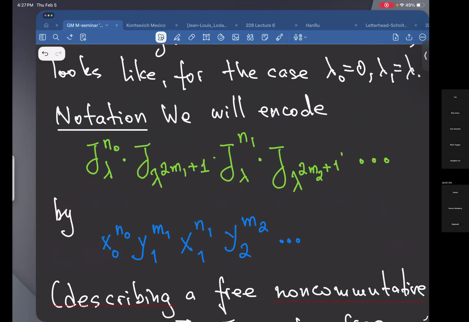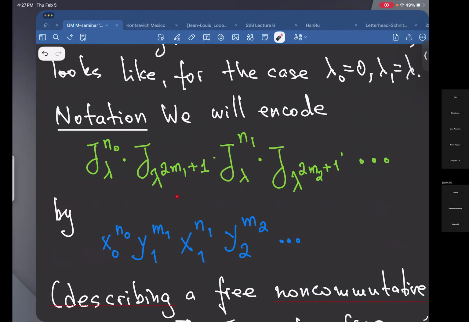So first of all, as before, I was able to encode some operators in the negative cyclic complex by monomials in two variables.